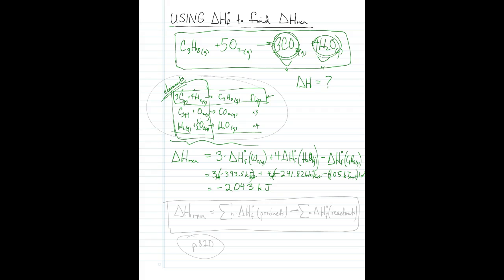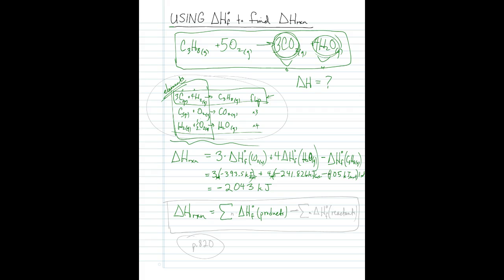Delta H of reaction is equal to, and here's a nice symbol from math, the sum of the delta H of formations of the products. Okay? And we have to remember that that's multiplied by their coefficients. Each one has to be multiplied by its coefficient.